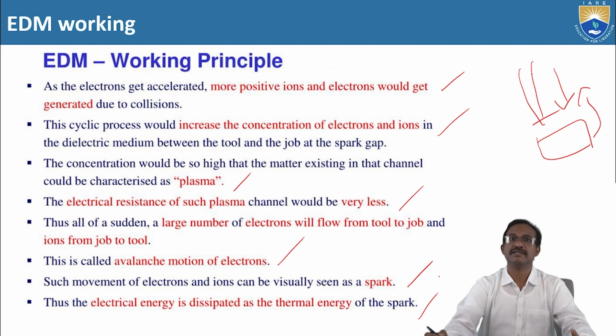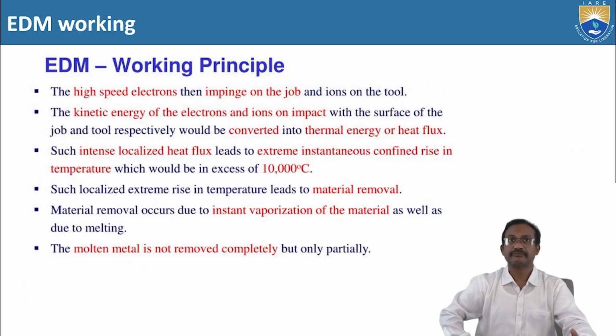That's what we have discussed. The high intensity or high kinetic energy of the electrons are converted into heat or thermal energy so that the surface or interface of the workpiece will melt and the material removal will occur.